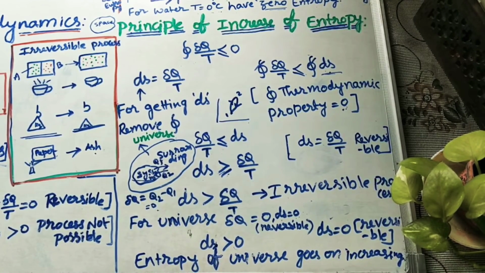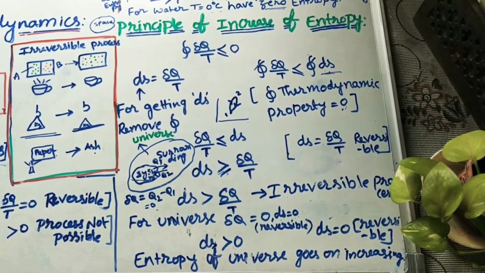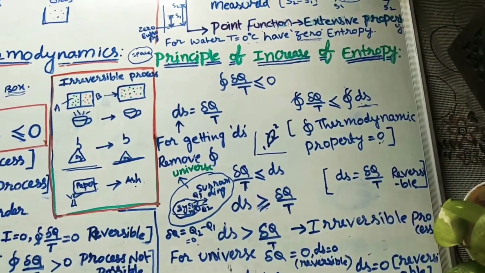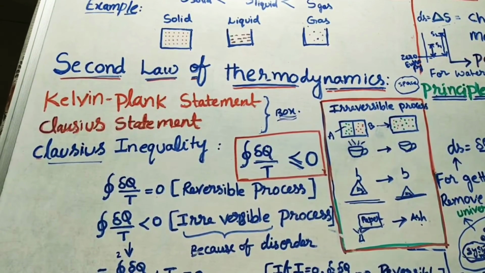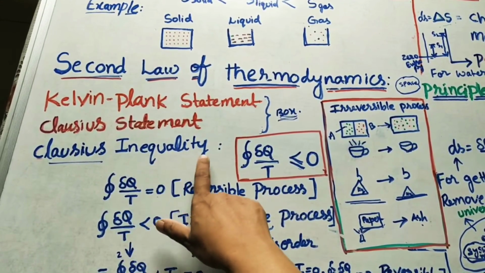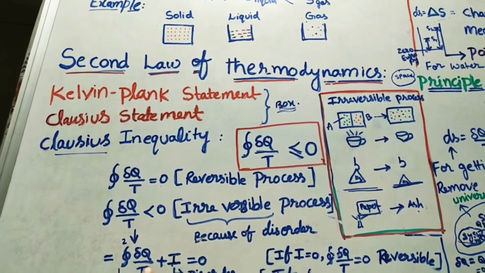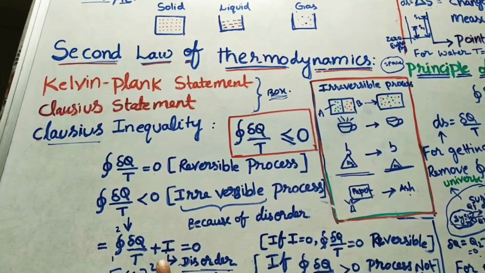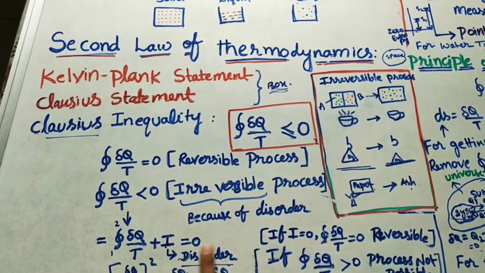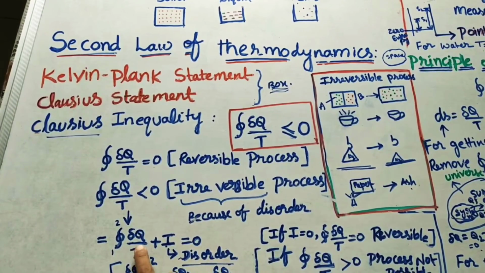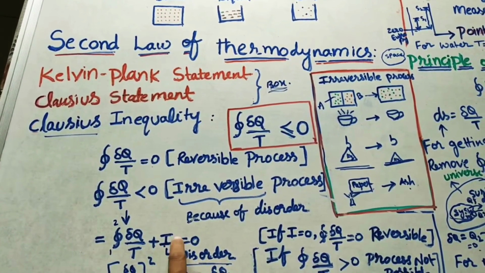This is the principle of increase of entropy by using the Clausius inequality. In this class, what we have observed is that in the second law of thermodynamics, the Clausius inequality gives the equation for the second law. It gives the direction, and we can also calculate how much disorder and how much heat transfer there is.